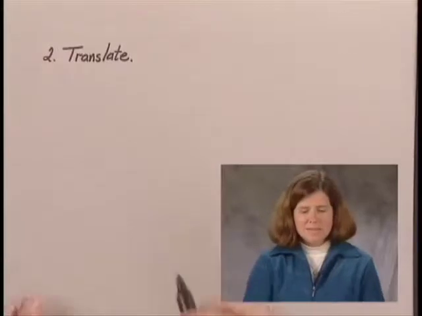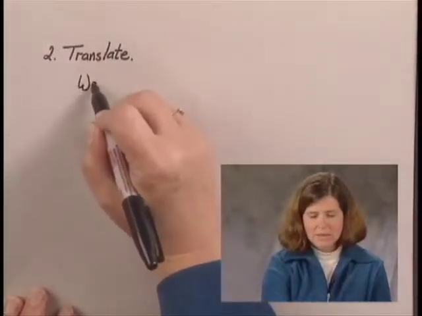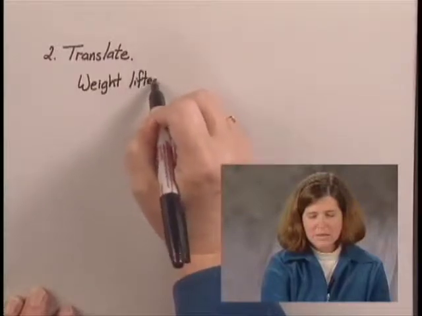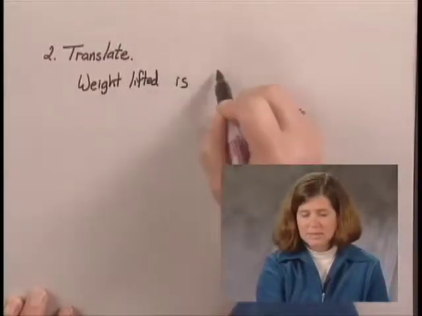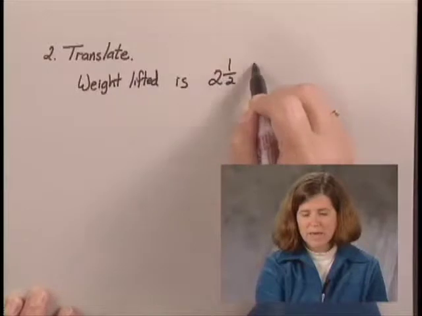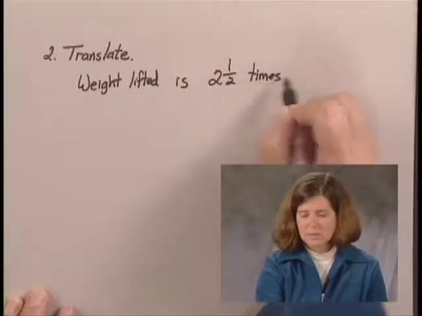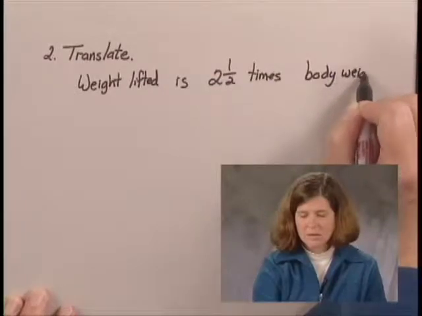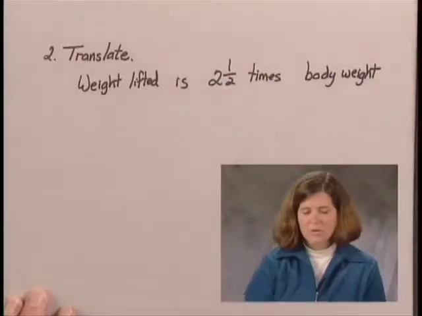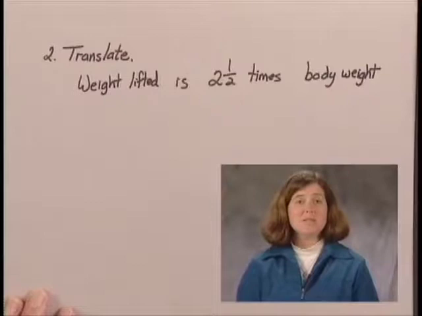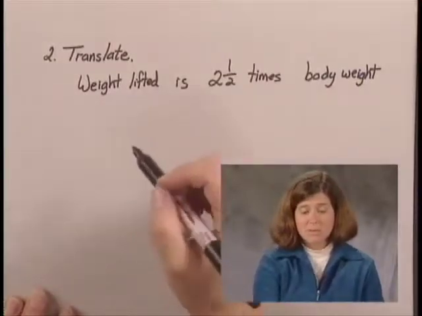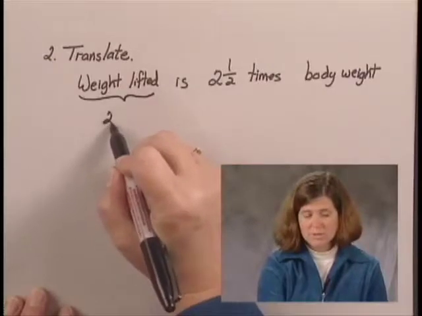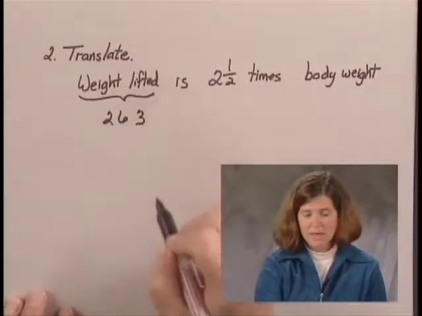Well, the weight that's lifted is stated as being 2.5 times the body weight. When I've written it in English in this form, it translates directly to a mathematical sentence. The weight lifted was given as 263 kilograms.